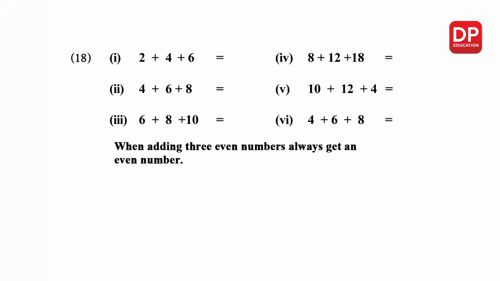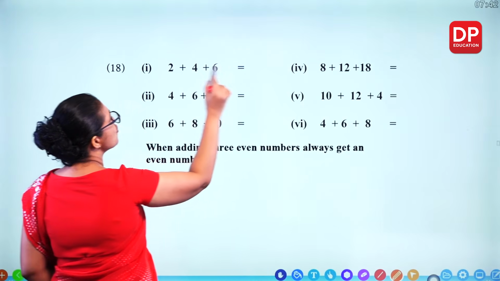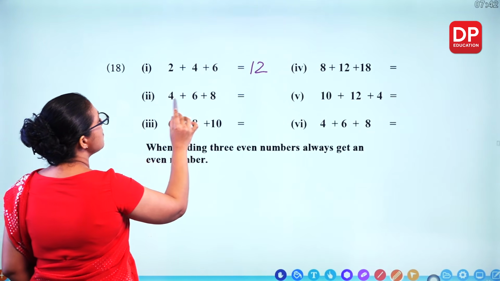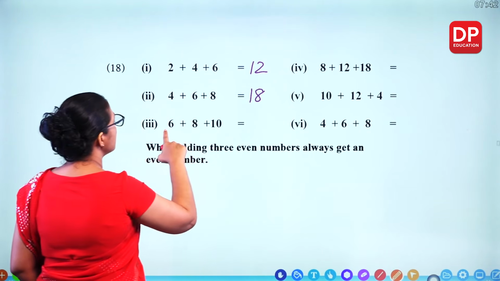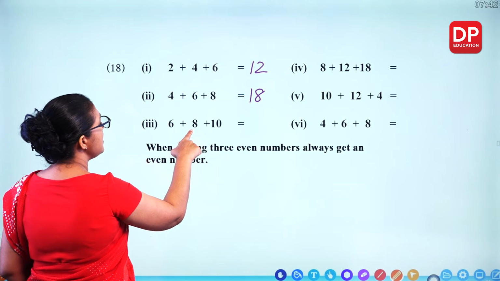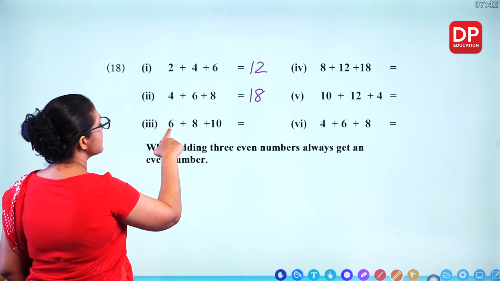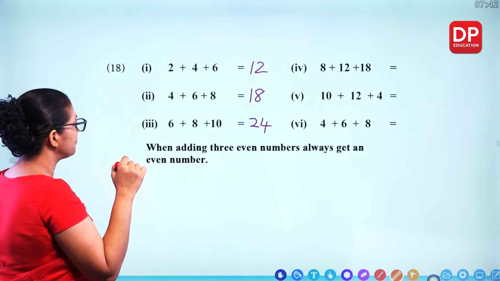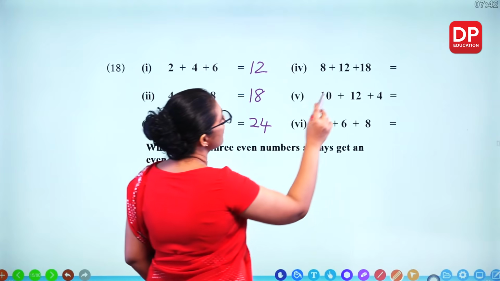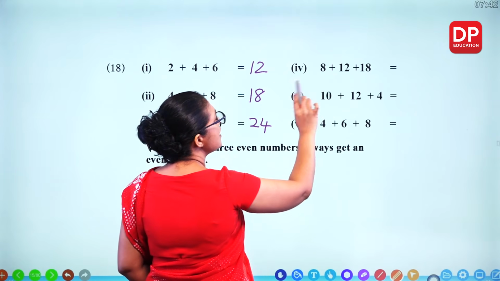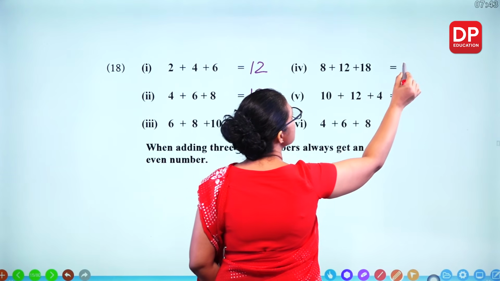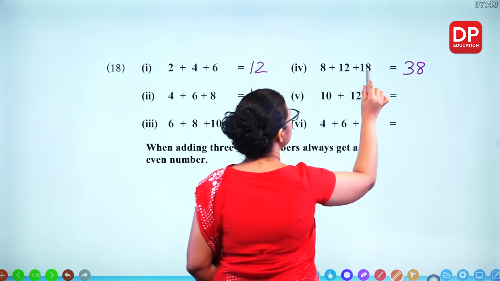Now we'll add even numbers 3 times. 10 plus 2, 12. 8 plus 6, 14 plus 4, 18. Here 18 plus 6, 24. This one, 18 and 12, you get 30. 30 plus 8, 38.